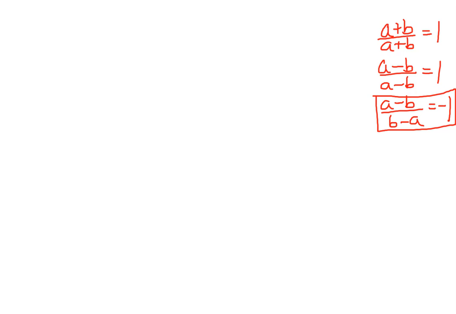When you're adding, it doesn't matter if it was a plus b over b plus a. It doesn't make any difference. It always equals 1. But when you're subtracting, if they're opposite of each other, then it equals negative 1. So let's look at number 5.